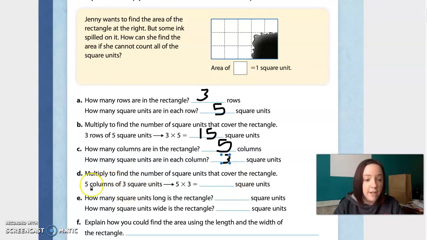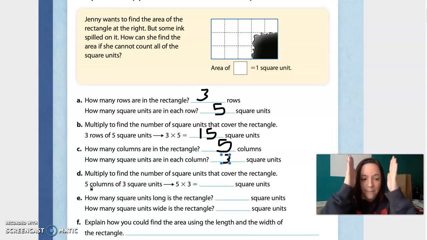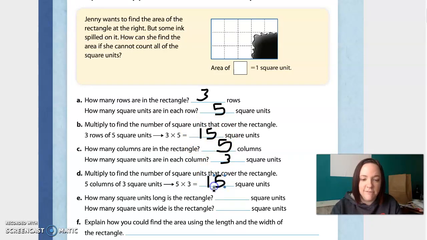Okay, so we have 5 columns. Columns go up and down. And we have 3 square units. That means we have 3 rows that go across. 5 times 3 is what? We already said it. 15. If you got 15, you're on a roll.